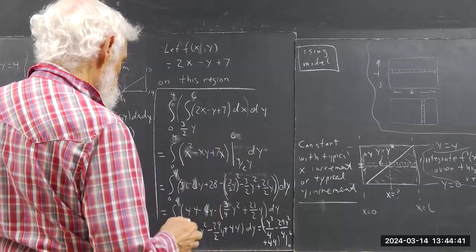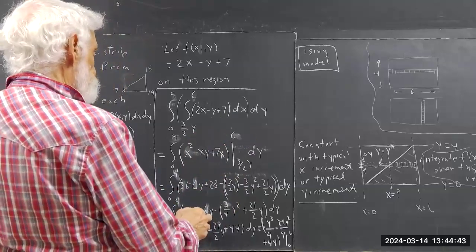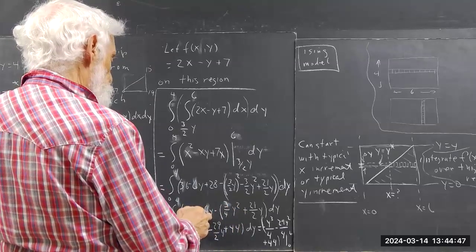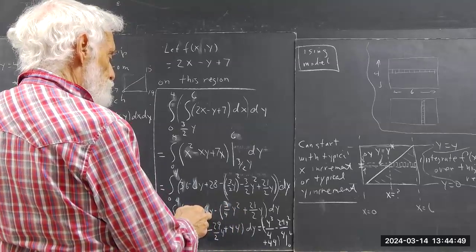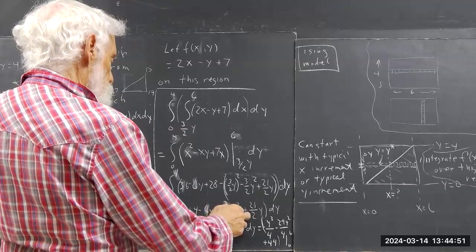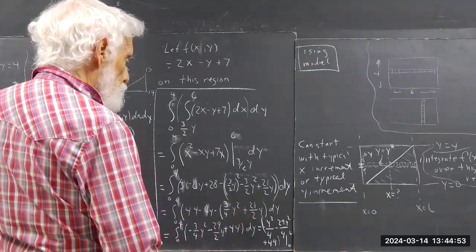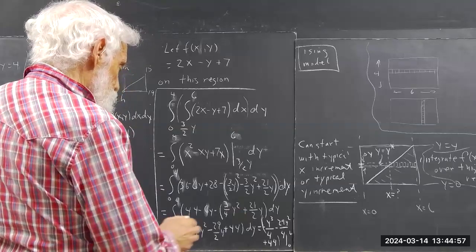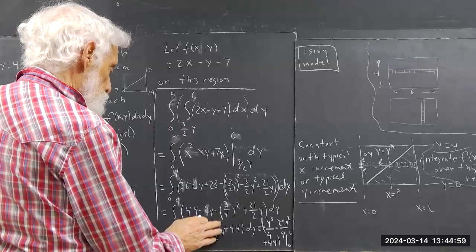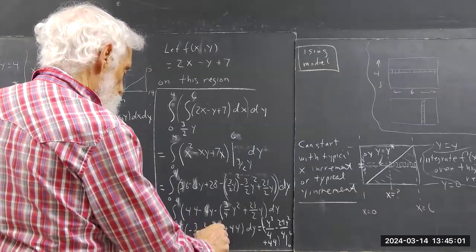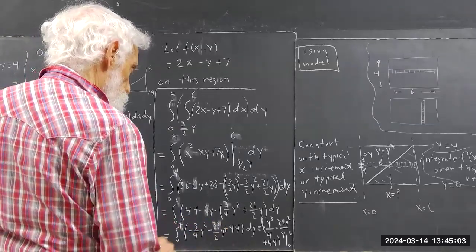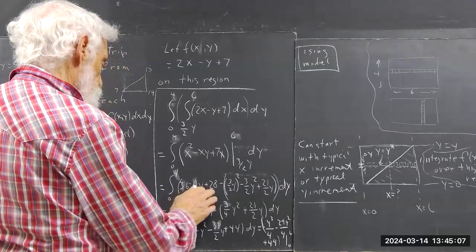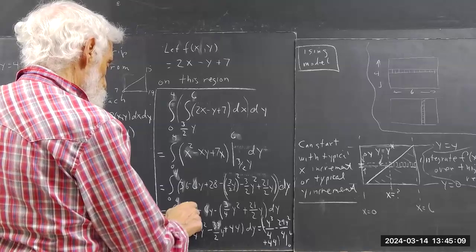On the upper limit, so that's okay. And this is this minus 12y over 2 plus 21 minus 21y over 2. That's not into 33. This 34 becomes 64. Like that.